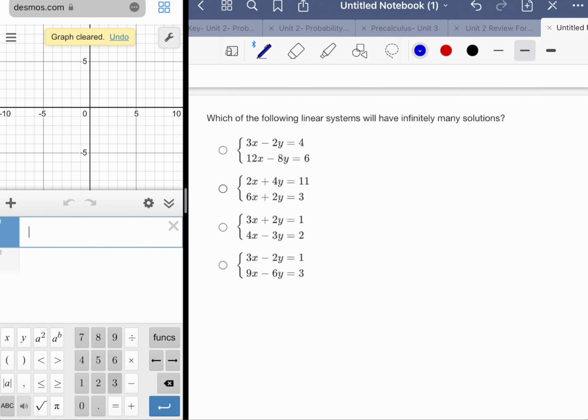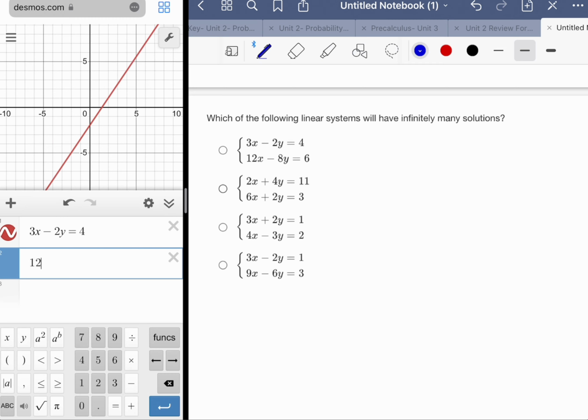But if I start typing 3x minus 2y equals 4, 12x minus 8y is equal to 6. Those are parallel. That would be no solution. So therefore, no solution.